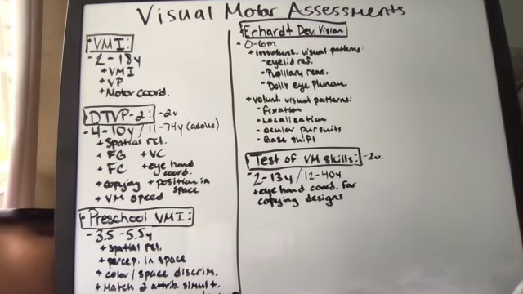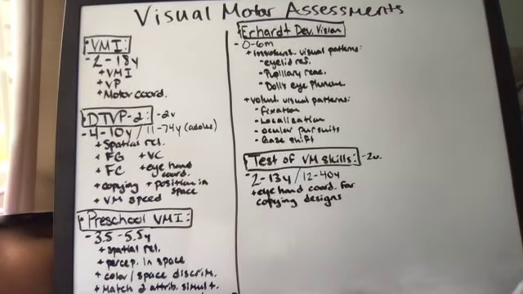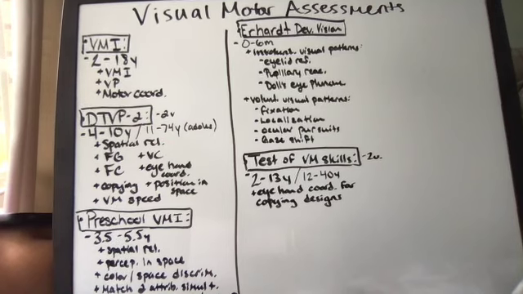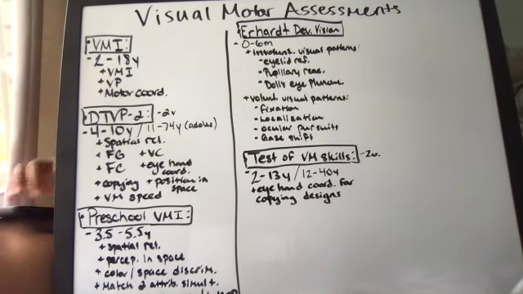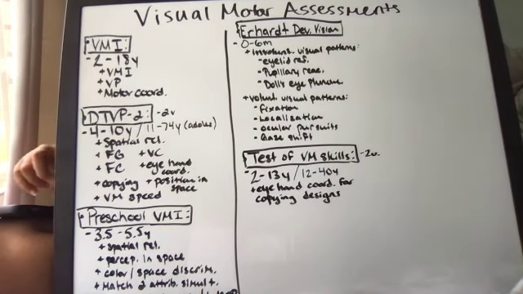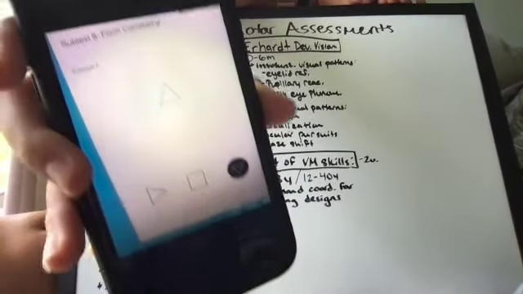Form constancy. Form constancy is the ability to match 2 figures that vary on one or more discriminating features. This means it might be a different size and a different position or space. So this one looks like this for the DTVP.